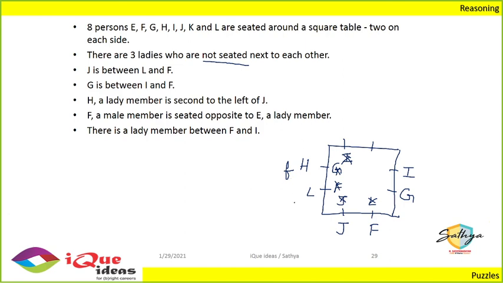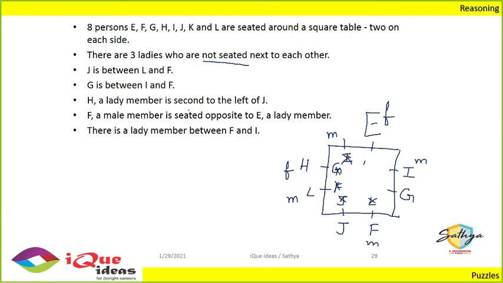Now we know H is a female. So the neighbors must be male, that is for sure. F, a male, is seated opposite to E, a lady member. So if this is a female, this is already a male. This is also a male.